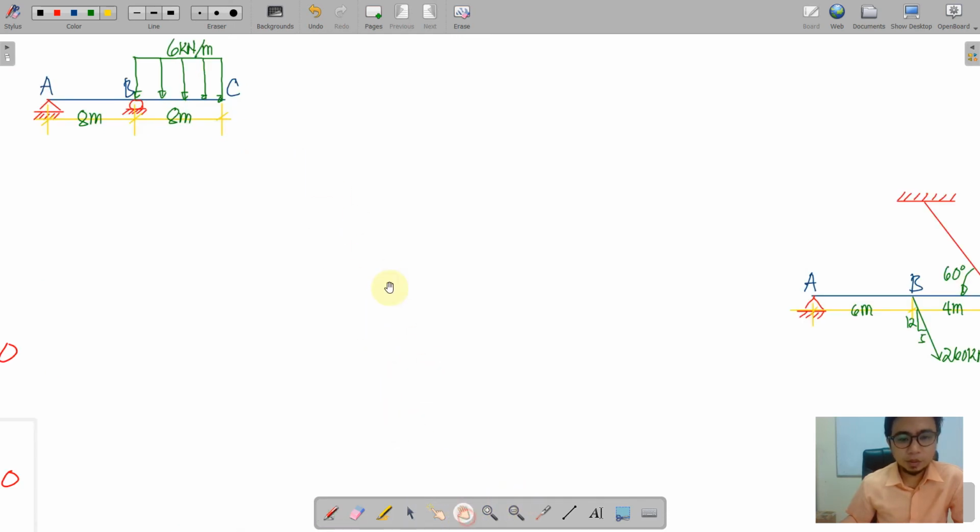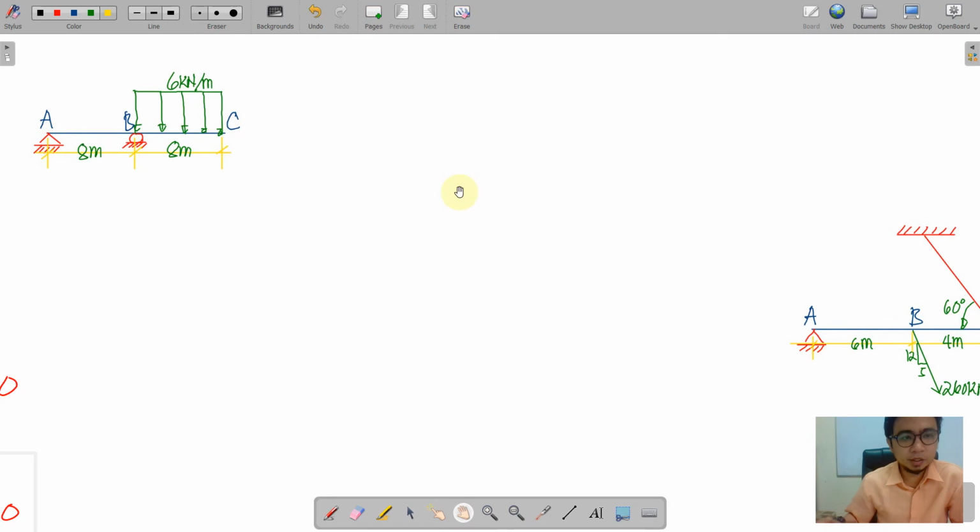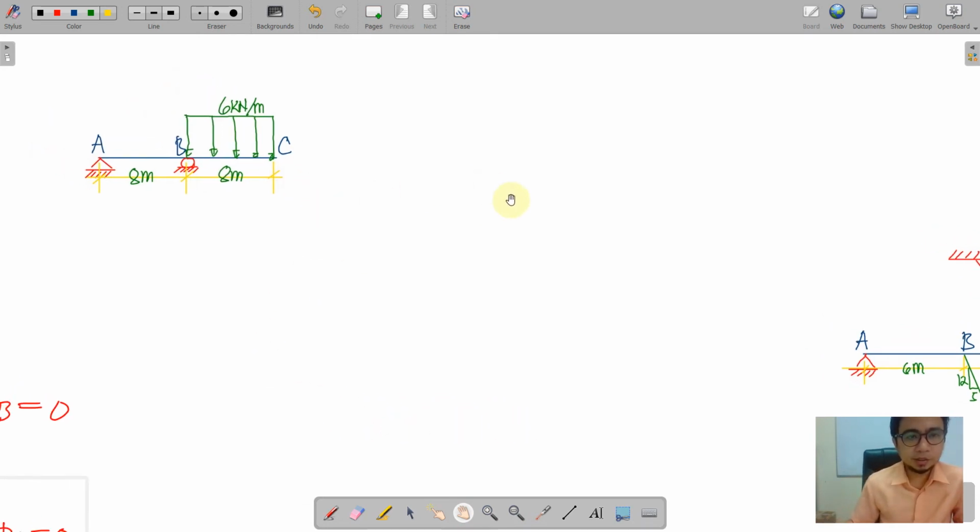So we have here another simply supported beam. So this is just a warm-up for us. We have here two reactions. Of course, this is 0. And this is RA. And that is RB.